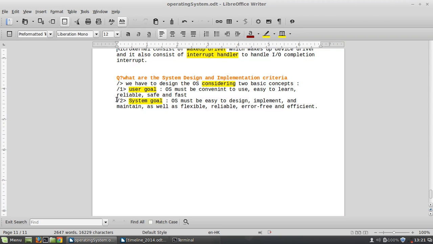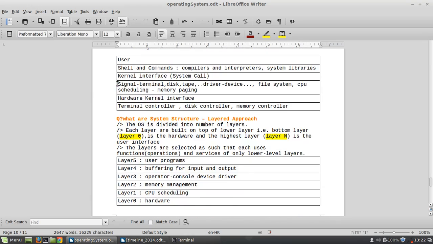In the user goals, the designer must understand that the operating system must be very convenient to use, easy to learn, reliable, safe, and fast. This is a very important concept that every designer must understand. Whereas the system goal is that the operating system must be easy to design, implement, and maintain, as well as flexible, reliable, error-free, and efficient. This is the key concept while you are designing and implementing the system.